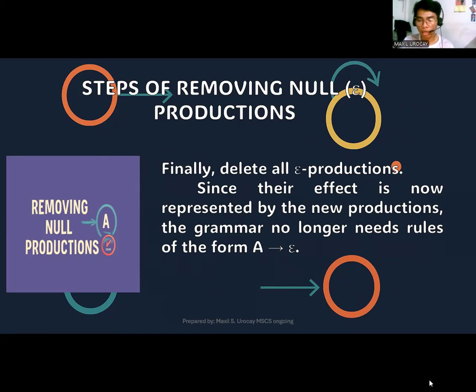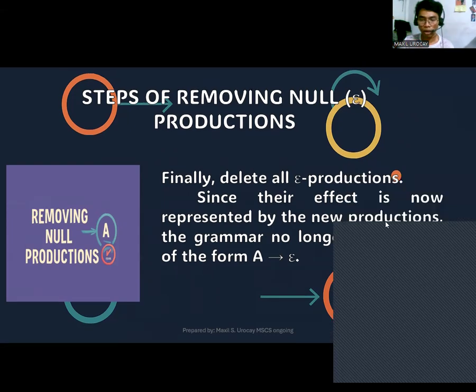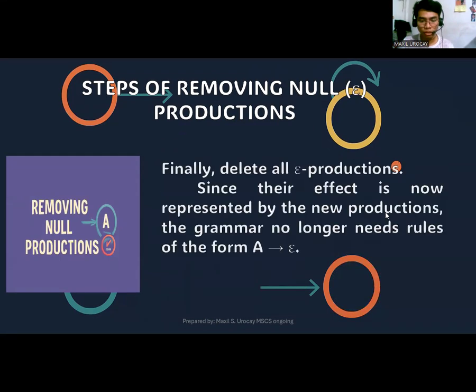like, sorry, let me just, okay, for example, A derives null, and we're able to simplify what will be the expected production that we can replace.